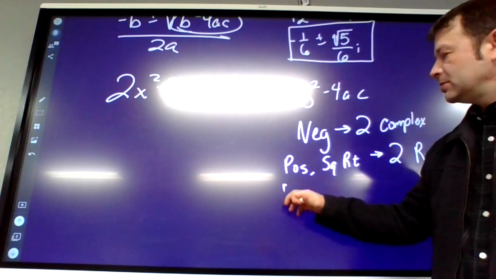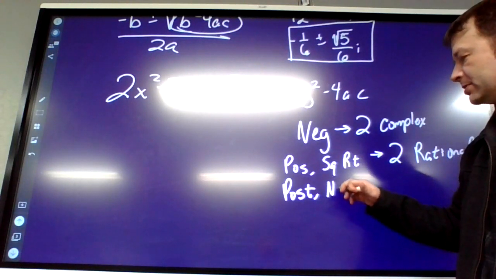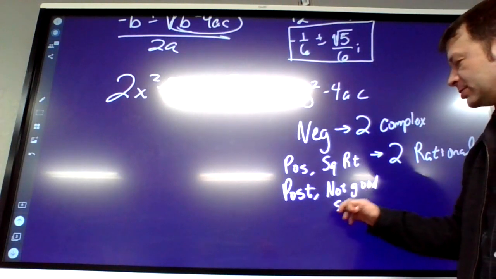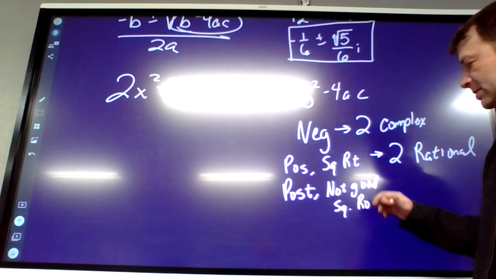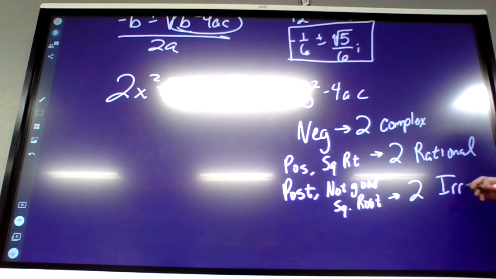If it comes out positive with not a nice square root, I'll just say not good square root, then you're gonna get 2 irrational answers.